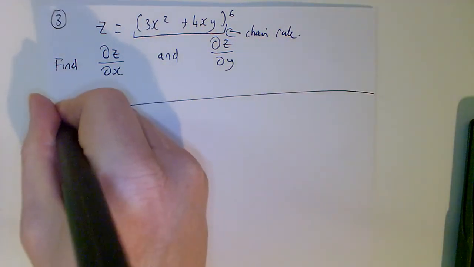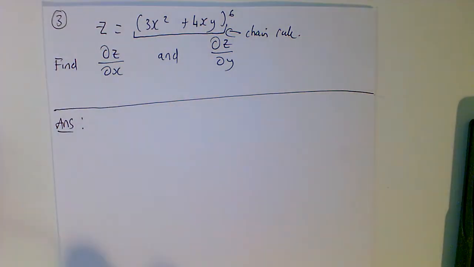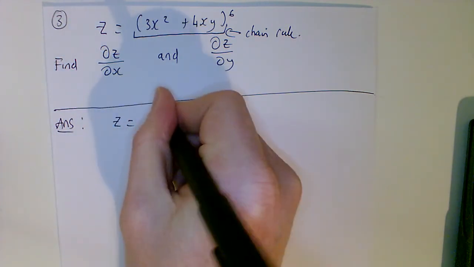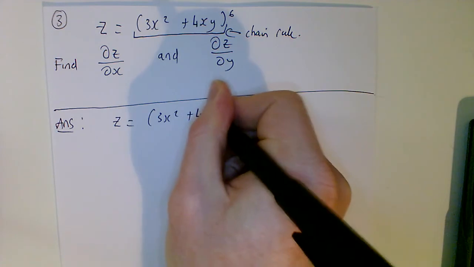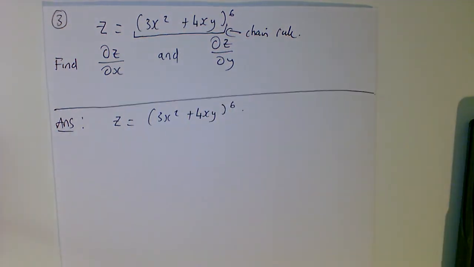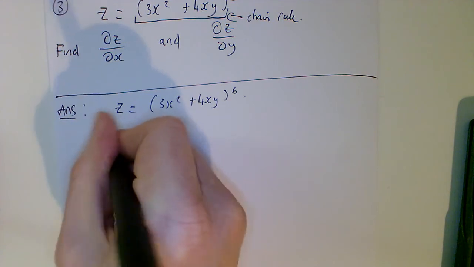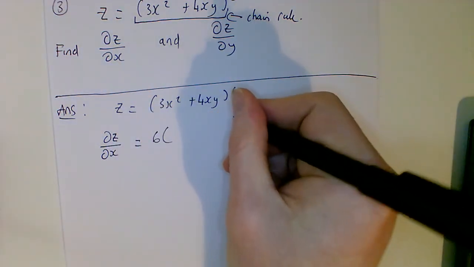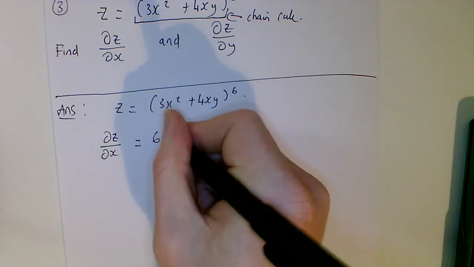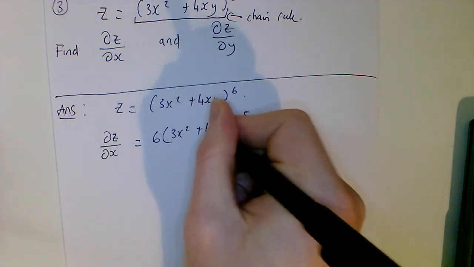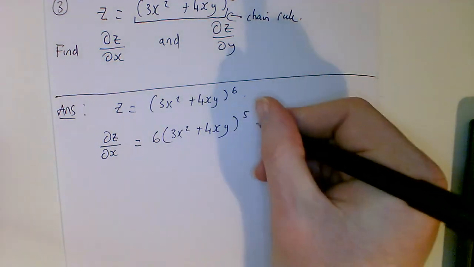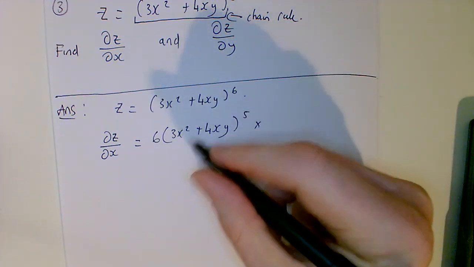So I'm just going to write down the question to start off with because it gives me more room to show you the working. So z is 3x squared plus 4xy to the power of 6. The rule with the chain rule is you differentiate the outside of the bracket, leaving the stuff inside the bracket the way it is, and you multiply it by what you get if you differentiate the inside of the bracket.